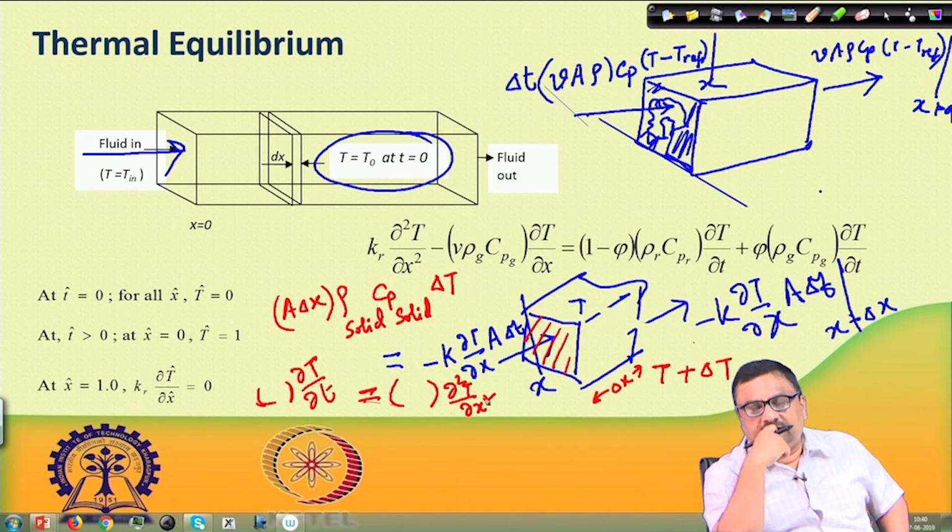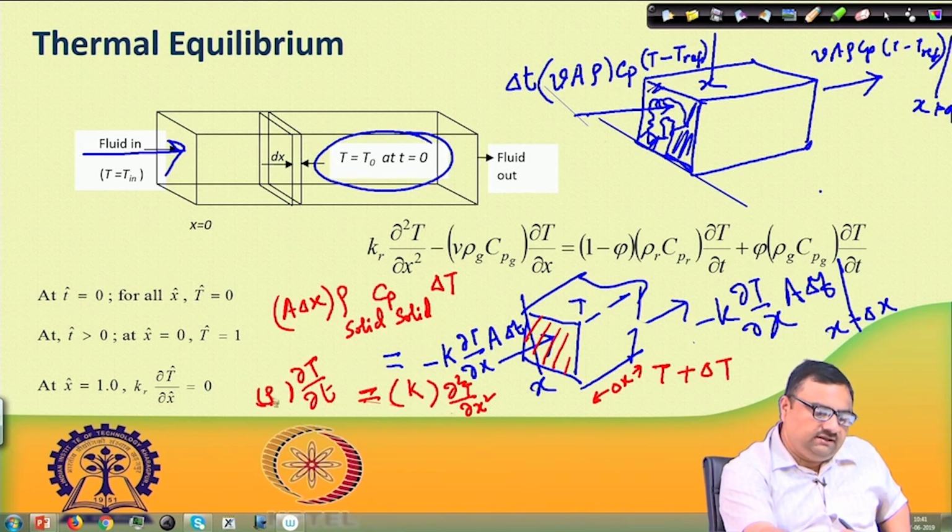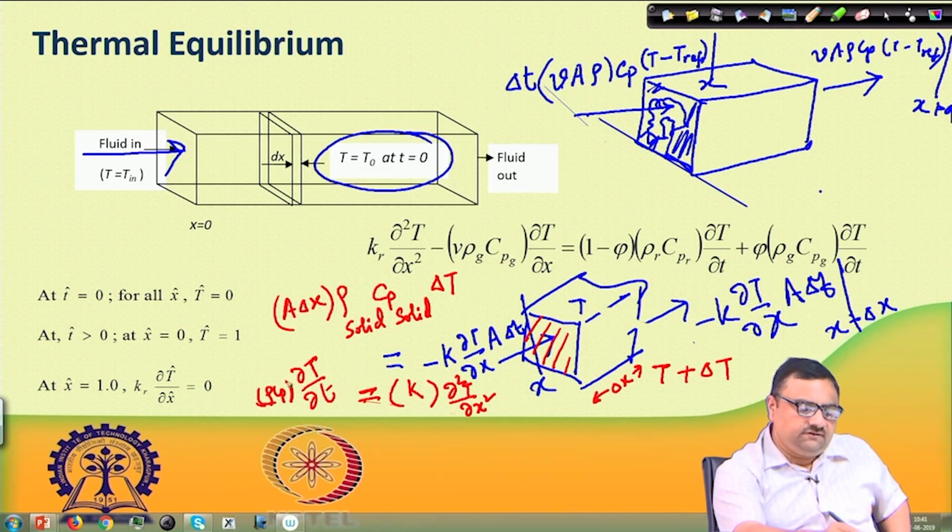And those terms, if it is only solid conduction, this term is k and the other terms will cancel out, and this would be rho Cp of solid, obviously, because it is only the solid we are talking about. So rho Cp of the solid and k of the solid.